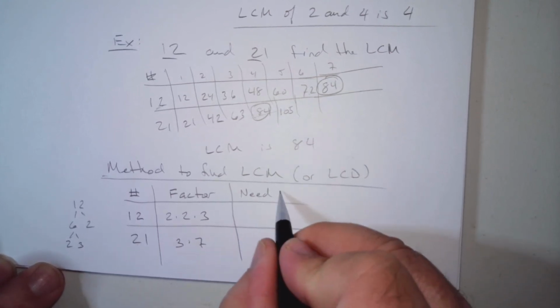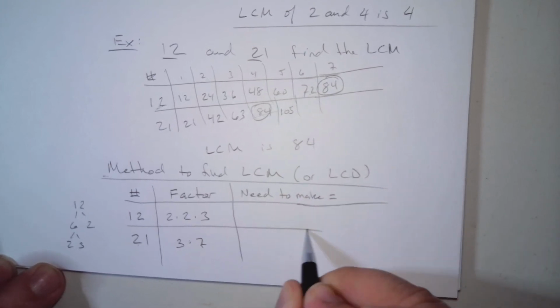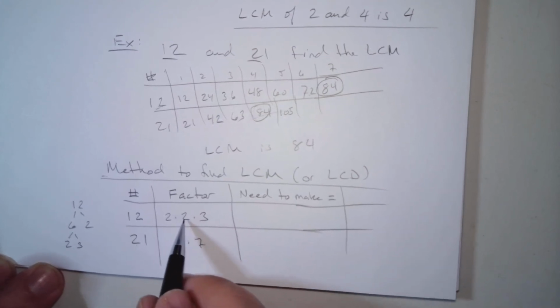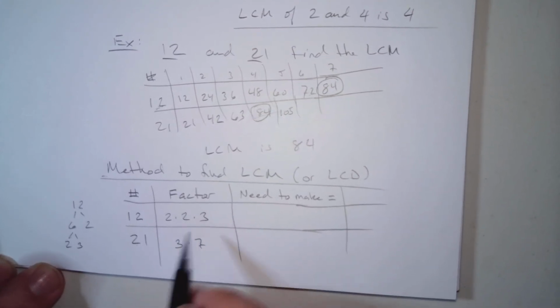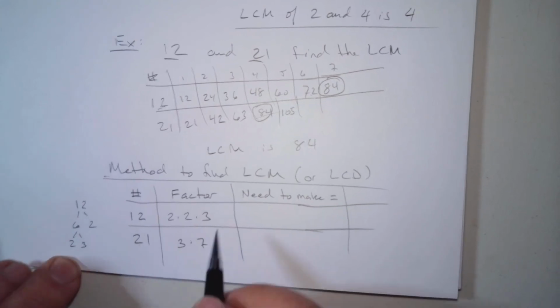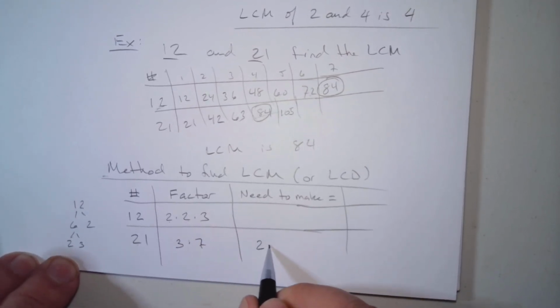Now, the next column, what do we need to add to this list and to this list so they're both equal? So this one has 2 2's, this one needs 2 2's.